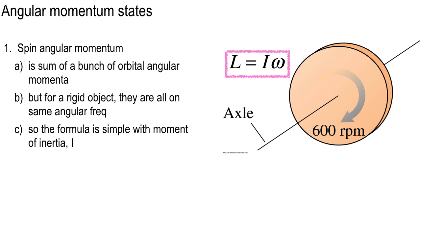For F equals ma, second law, the mass is measured in kilograms. The moment of inertia is measured in kilogram meters squared. And you'll read about that in the textbook.